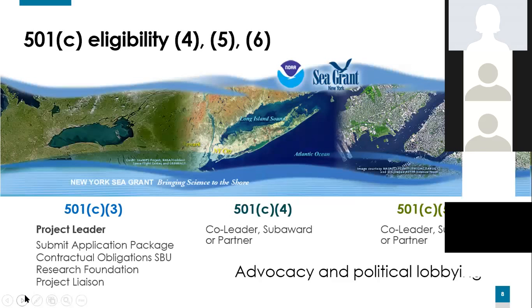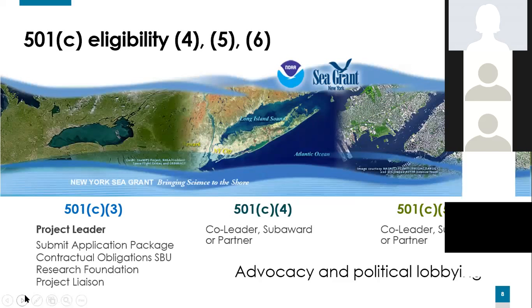For Stony Brook University Research Foundation, which is going to be the ultimate authority that's right in the contracts, this entity is not allowed to contract with other groups besides the 501c3. For this small grant program, whether you're a 5 or a 6 or a 4, you can participate as a co-project leader or a sub-recipient, sub-award, or a partner on the application.